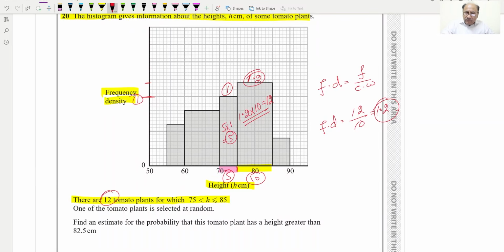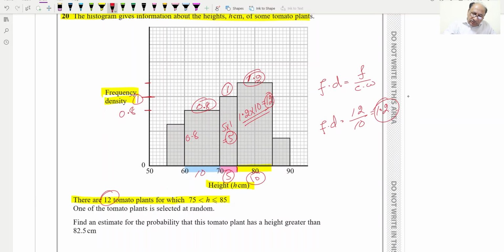So this is 12, this is 5. And the next bar we can take, this will be 0.8. Height is 0.8 and we can multiply by its class width, which is 10.